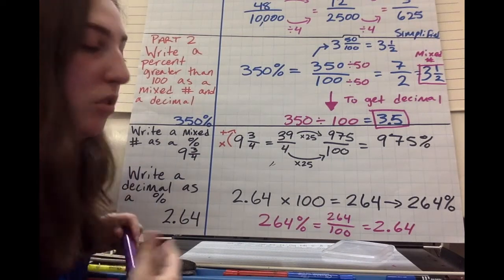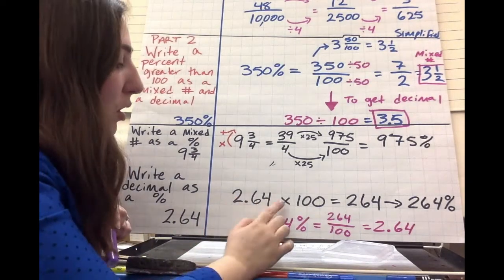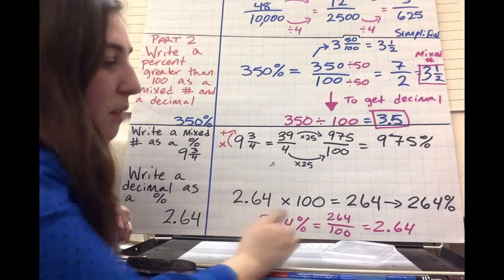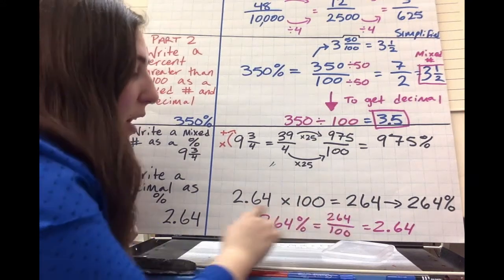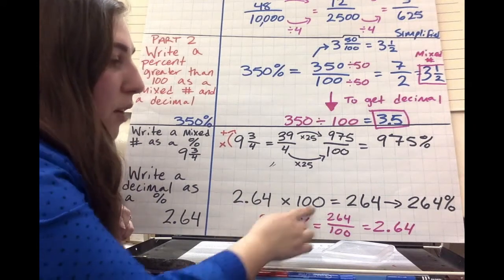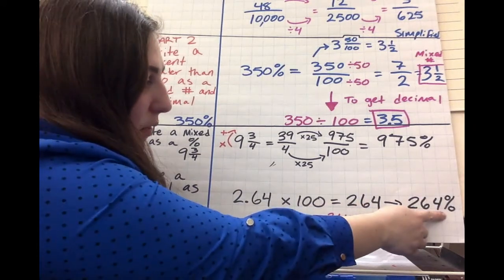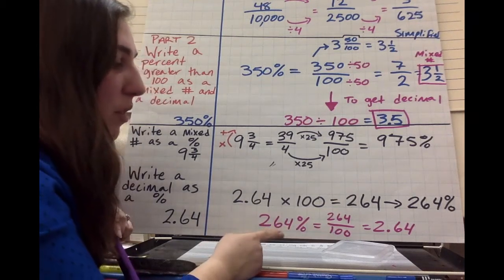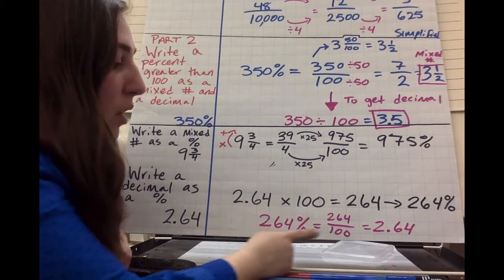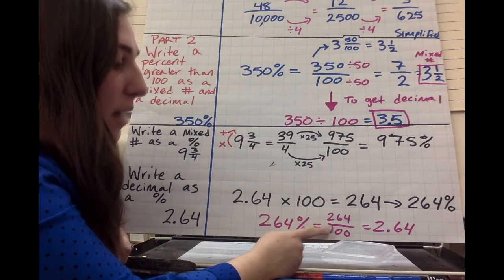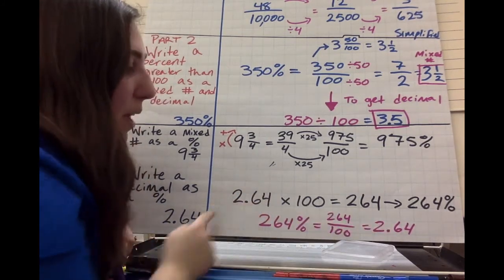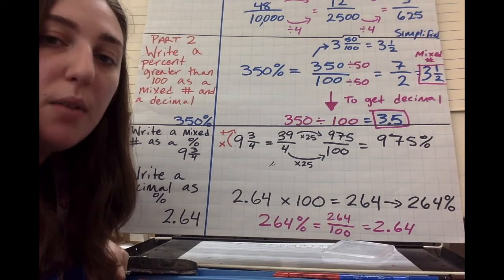So that's why it works when we multiply 100 by whatever our decimal is. It's a nice shortcut. 2.64 times 100 gives us 264%. But this is one of the reasons why. Because if we started off with the percent, turned it into a fraction, and then divided it in our calculators, we end up with the same answer. So that's why it works.